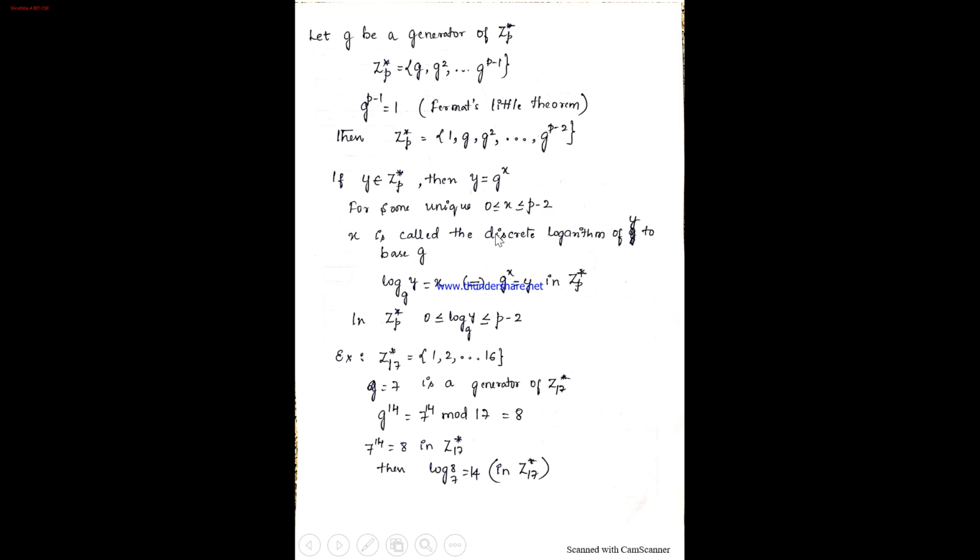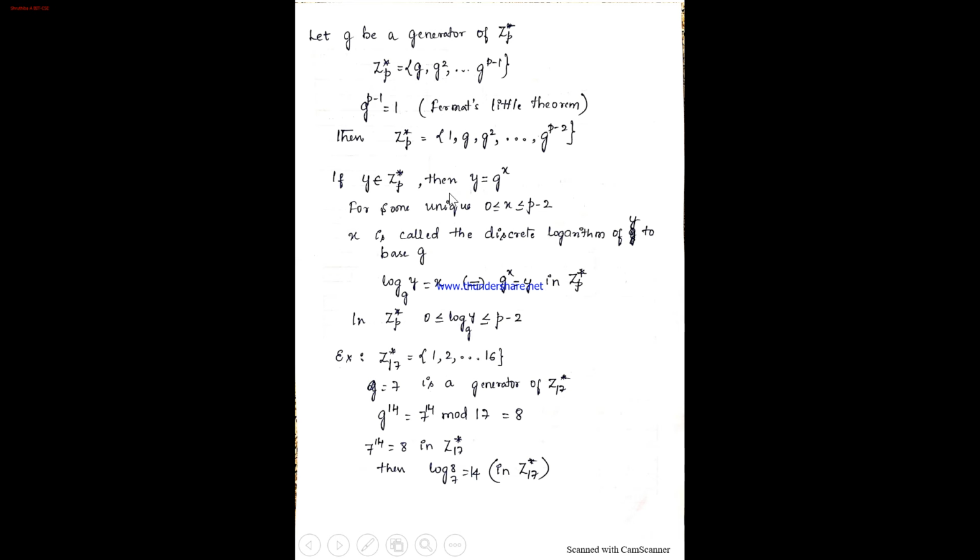Here comes the concept of discrete logarithm. X is called the discrete logarithm of Y to base G. Here the base is very important. 3 to the power of 4 mod 11 will not give you 5; it will be a different value. That is the reason why we say it is not simply a logarithm, it is a discrete logarithm.